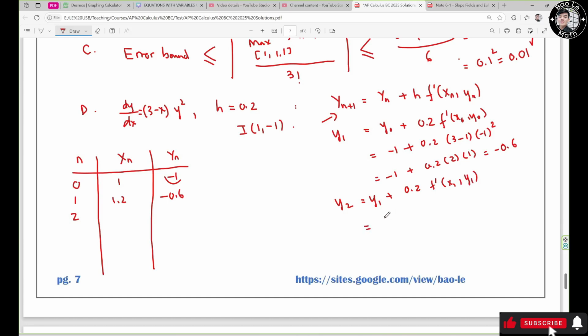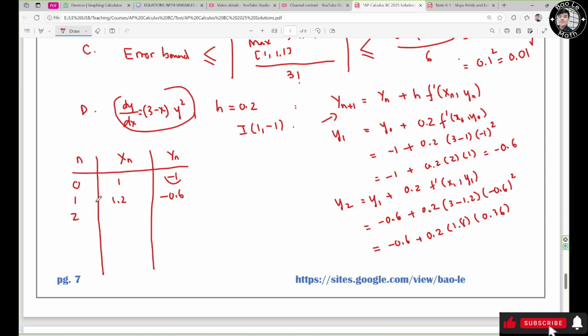So it's negative 0.6 plus 0.2 times, substituting s1, y1, which is 1.2 and negative 0.6, 3 minus 1.2, which is 1.8, times negative 0.6 squared, which is 0.36.